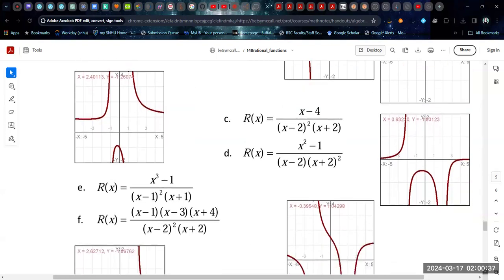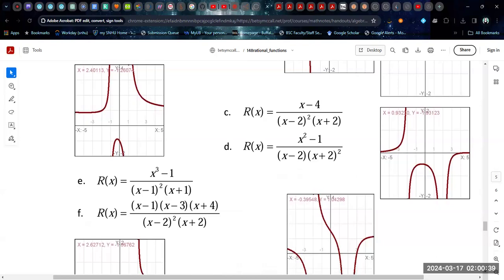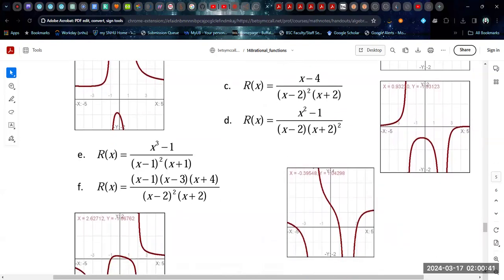So honestly, the only way to really tell the difference between some of these is to plot points, and then you may have to plot a couple of additional points in order to determine, once you have the values, what points you have to pass through.